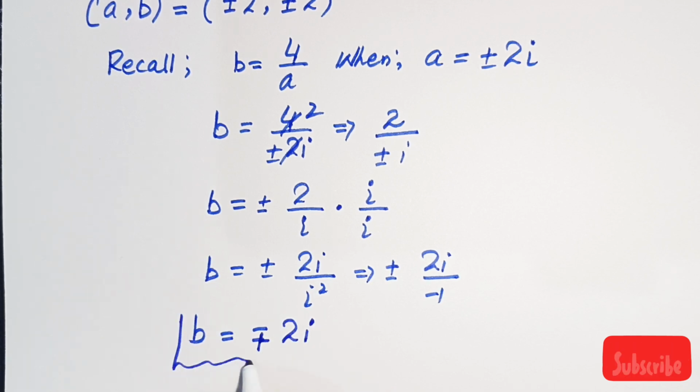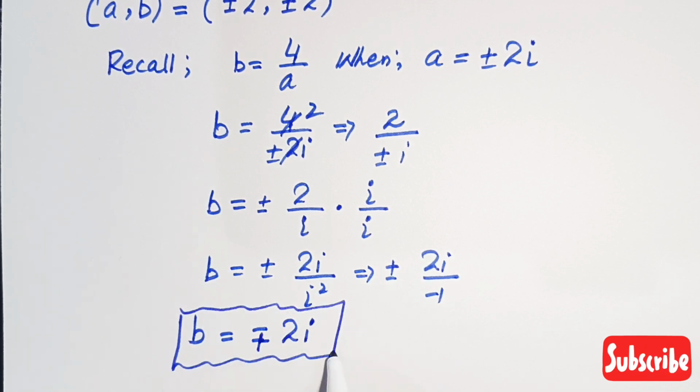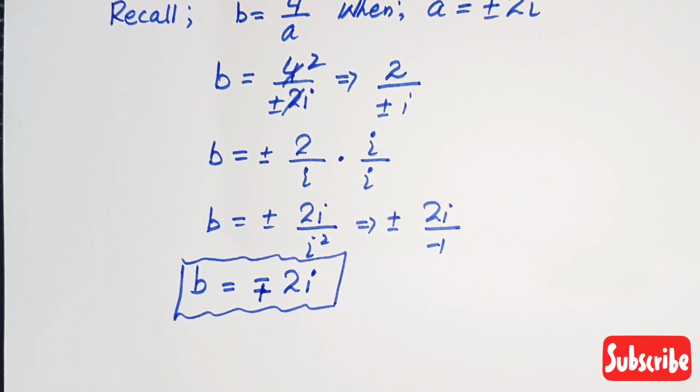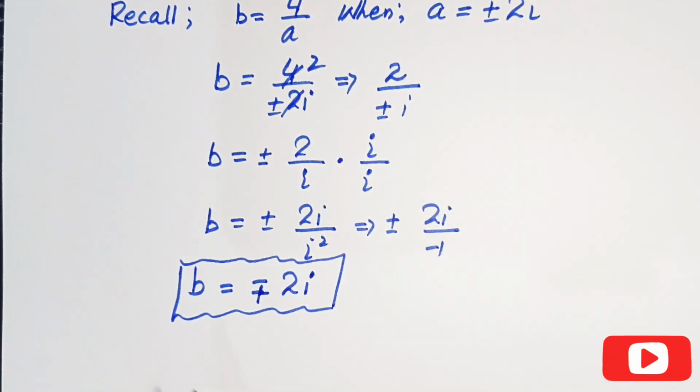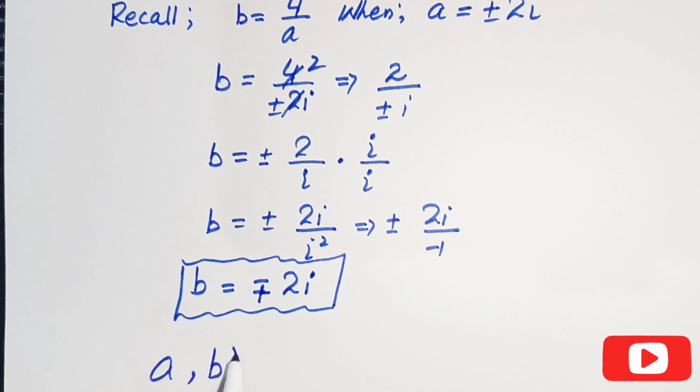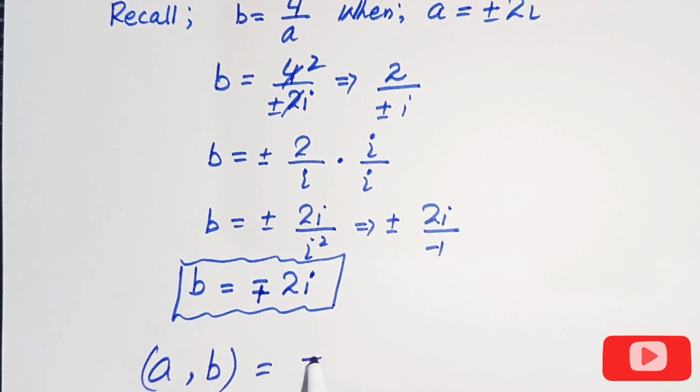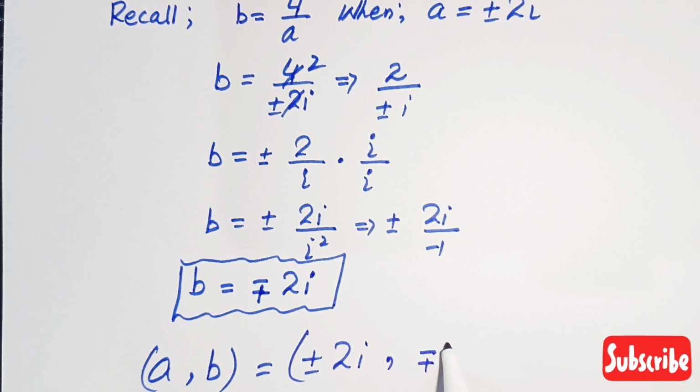We have another value of b, which is minus plus 2i. Now when a is equal to plus minus 2i, then b will be minus plus 2i.